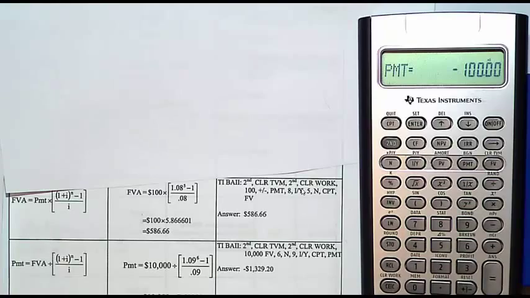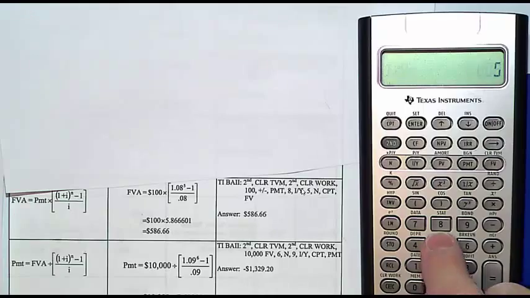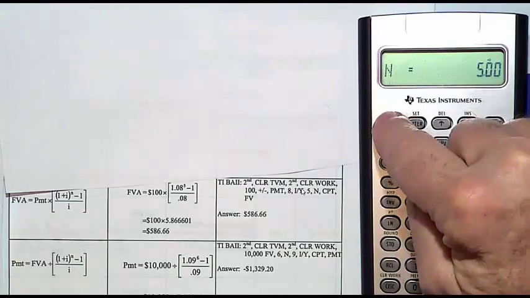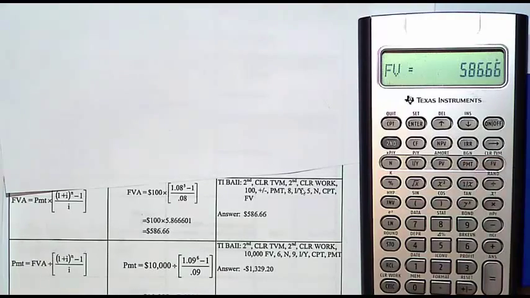And our rate is 8%, so we're going to say 8I. And again, we could have put the N first if we wanted to, or the I first. It doesn't really matter. And now we have to put that it's 5 periods, 5N. So we put in our 3 pieces of data. Now we hit compute, future value, and we get 586.66, same thing that we had in the other version.